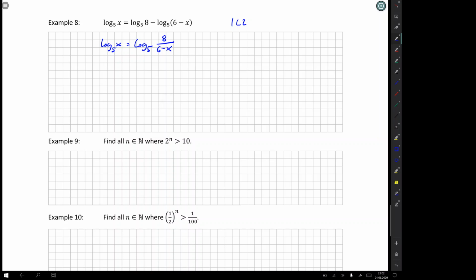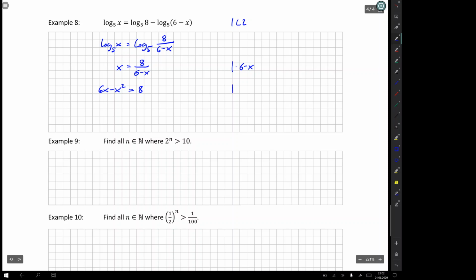And now this means that x equals 8 divided by 6 minus x, because only then the logarithms are also the same ones. So let's multiply with 6 minus x, so we get 6x minus x squared equals 8.